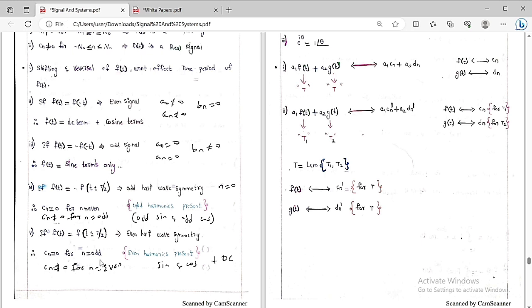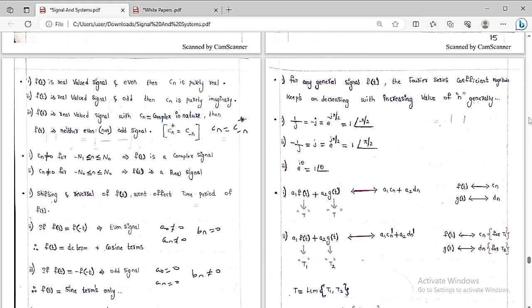If the signal has even half-wave symmetry, then all the even harmonics of the sine and cos and also the basic term are present, because n equal to 0 is an even number. Even means n equal to 0, 2, 4 and so on. So n equal to 0 means the DC part is also present. This part you always have to keep in your mind.